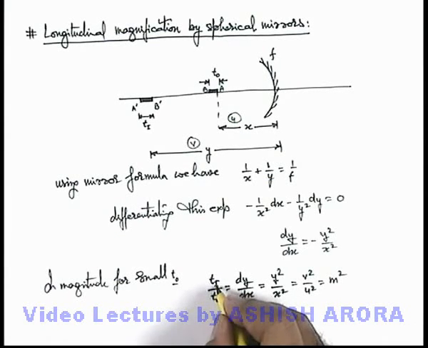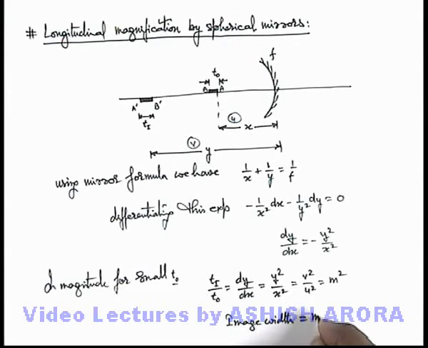So here Ti, the image width along the principal axis, is equal to m square times the object width along the principal axis.